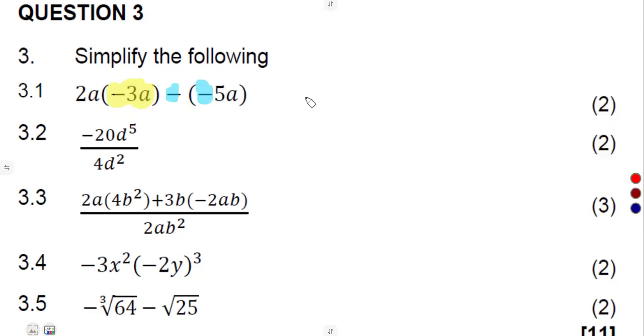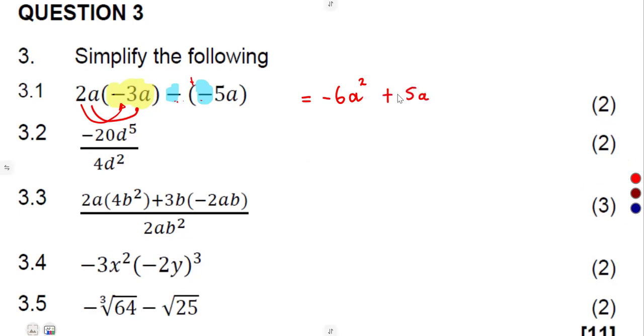So meaning to say this whole part was going to be what? If you multiply the numbers 2 times negative 3, that's a negative 6. A times A is going to give us what? A squared. So we've got minus 6a squared. Minus to a minus, it gives us what? A positive. So it was going to be plus 5a, like that.